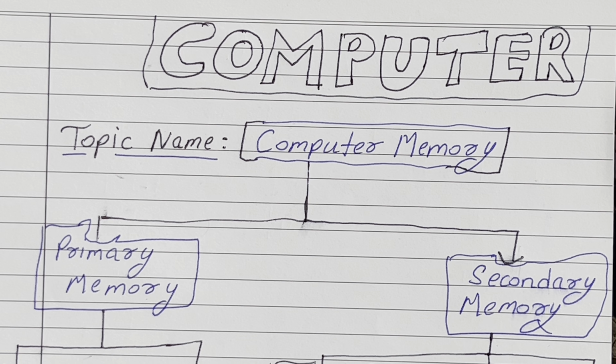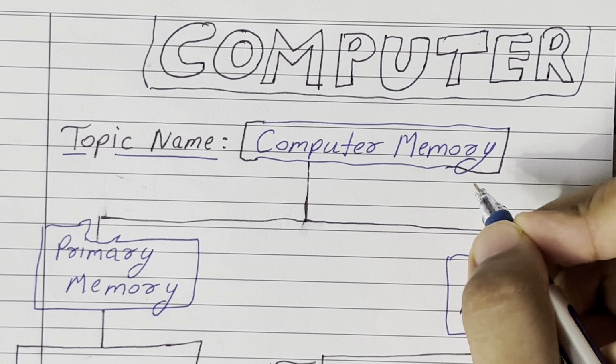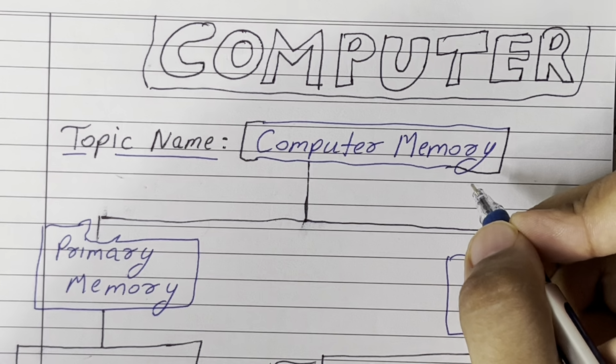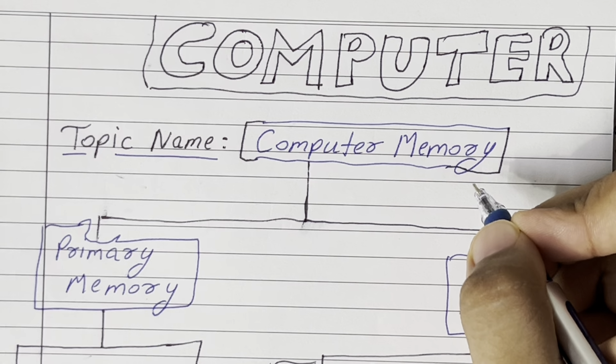Without memory, the processor would have no information to process, which makes the operation of a computer impossible.